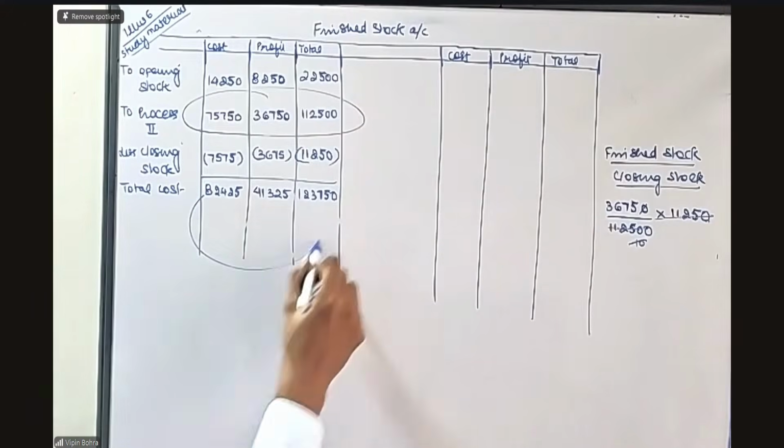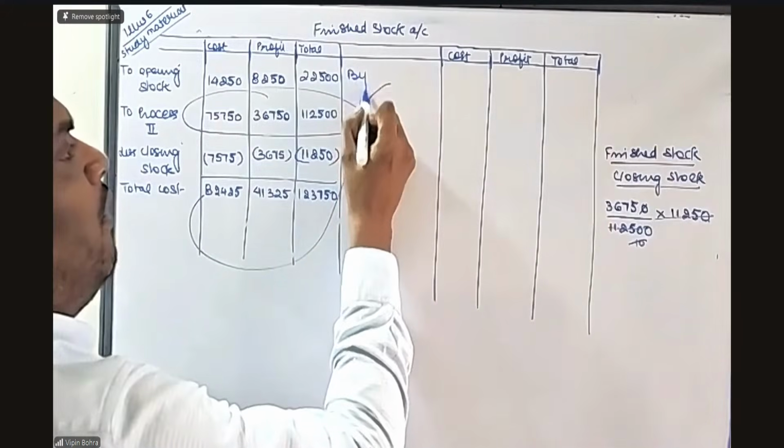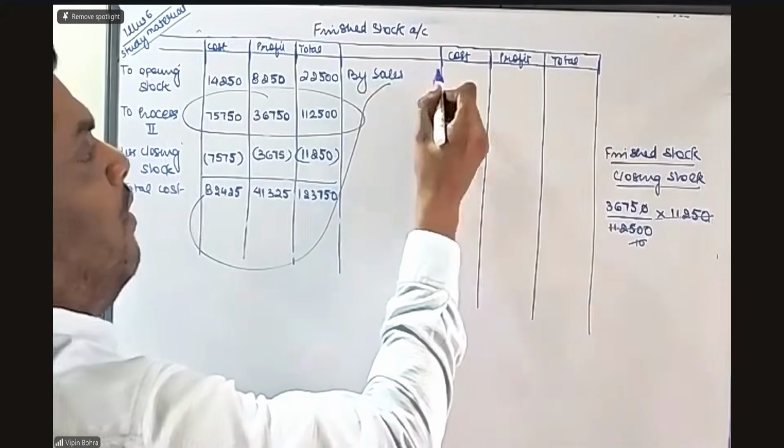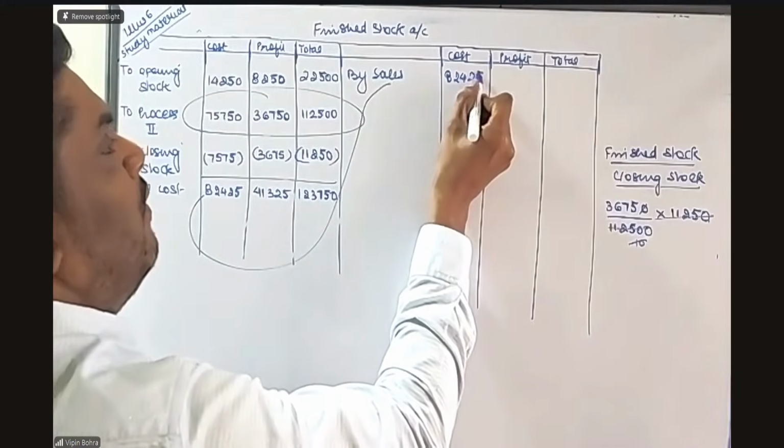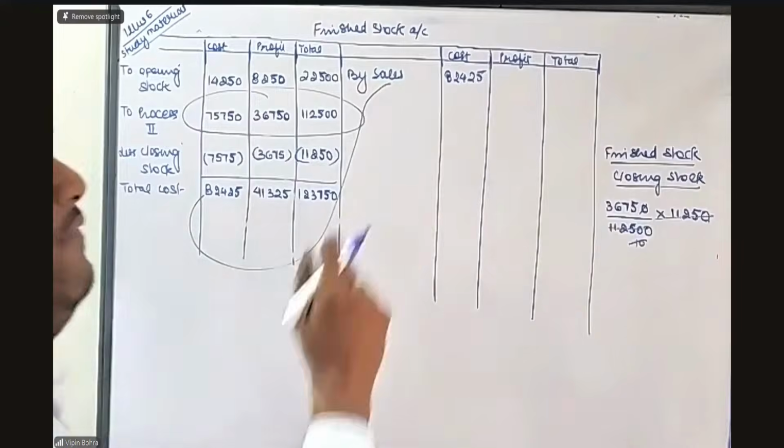Again, this figure will be the same. It will go here: 82,425. This figure will be carry forwarded here.